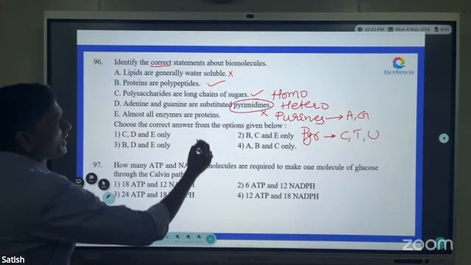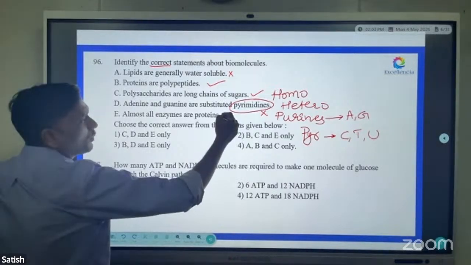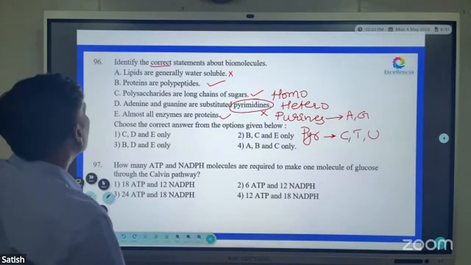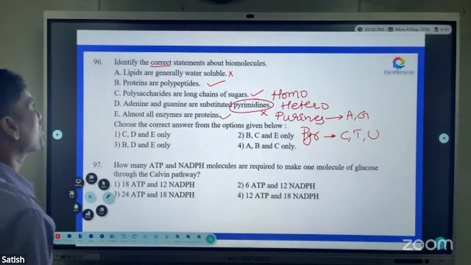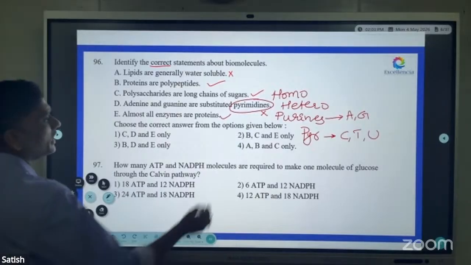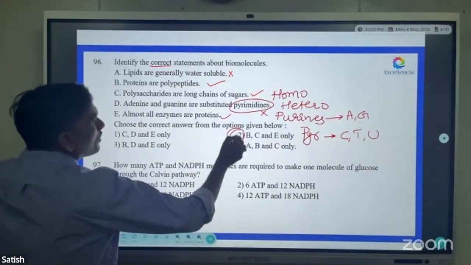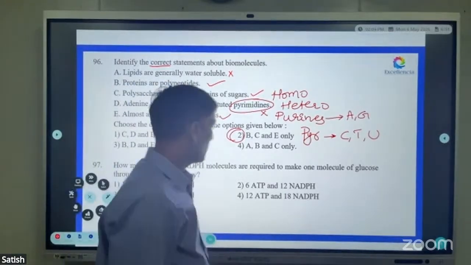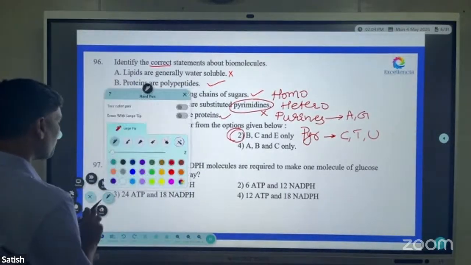Next statement E, almost all enzymes are proteins. Yes, almost all enzymes are proteins. That is the correct statement. So the answer for question 96 is B, C, E. The second option is the correct answer. Correct? Let us see the next question.